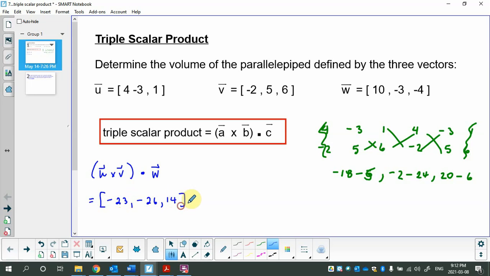And now I have to dot it with the vector I chose not to use, which just happens to be the last one here. And this is dot product, and I'm awfully good at dot product.